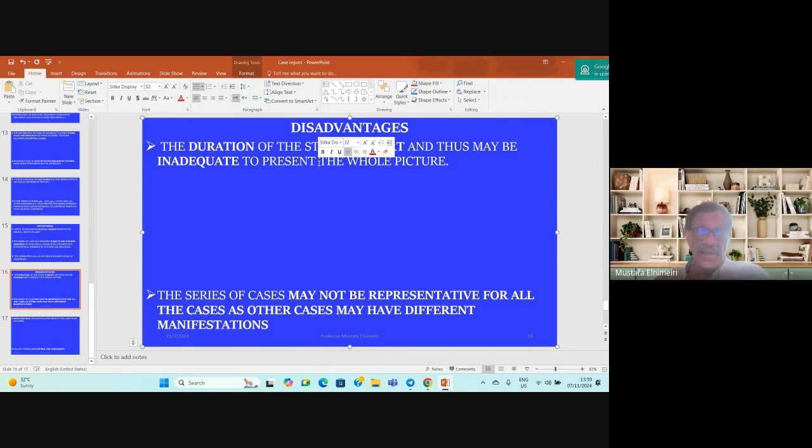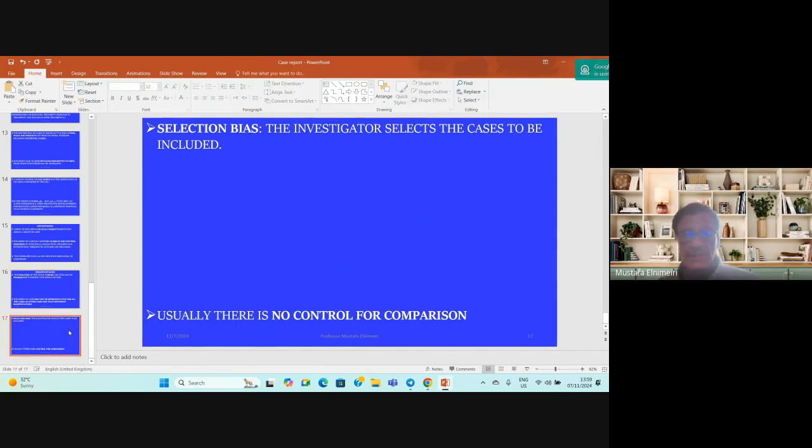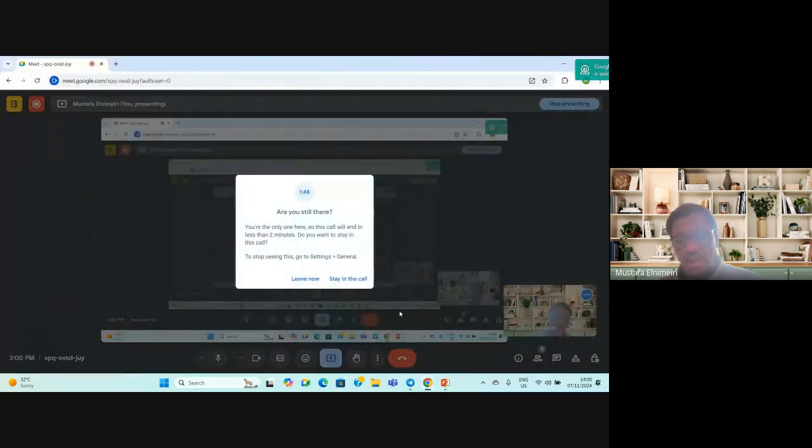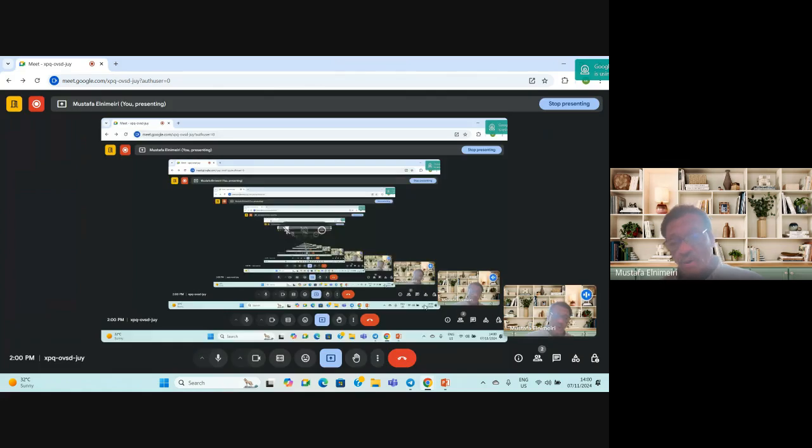For example, other cases may have different clinical manifestations or a different clinical picture, but we only report a series of cases. So this may be a disadvantage for the case series. Selection bias: investigators select the cases to be included, and usually there is no case control for comparison, which is another disadvantage for the case series. Thank you very much.